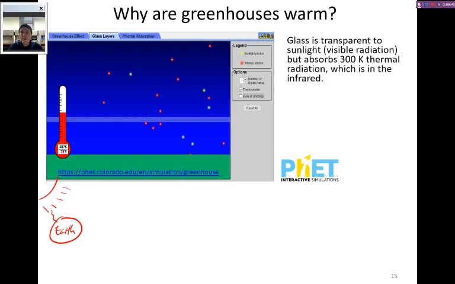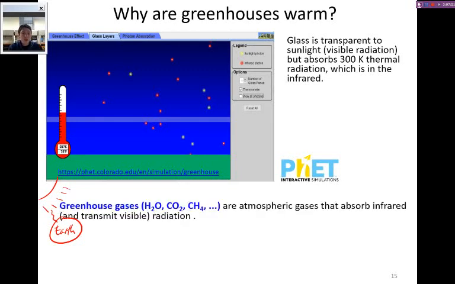So glass itself is transparent to sunlight, but it absorbs thermal radiation, which is in the infrared. So greenhouses made of glass have this effect. Greenhouse gases are elements that behave in similar ways. So three common greenhouse gases are water, carbon dioxide, and methane.